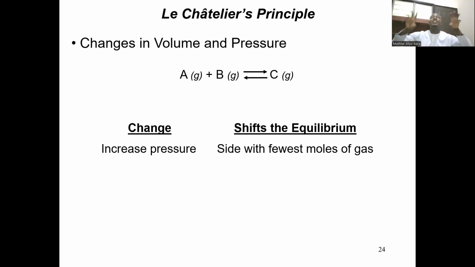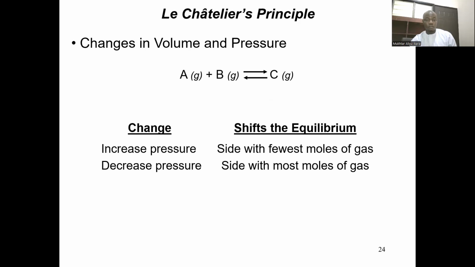Assuming in the reaction you have 2 moles at the reactant side and 4 moles at the product side, if you increase the pressure, the reaction will move toward the 2 moles, so it moves toward reactant formation. If you decrease the pressure, it will move to the side where the number of moles is the highest.